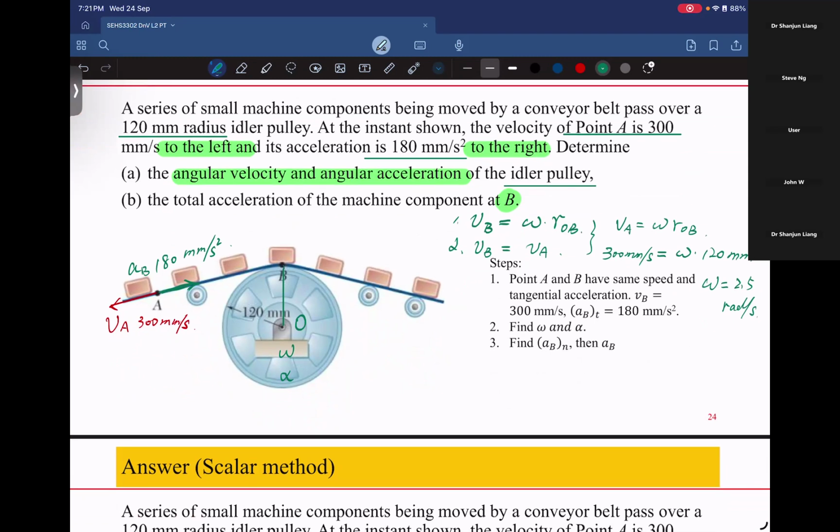And then the angular acceleration. Angular acceleration is about alpha, and it is related to tangential acceleration.